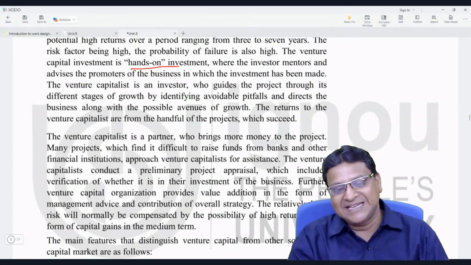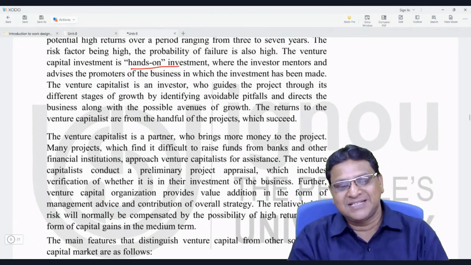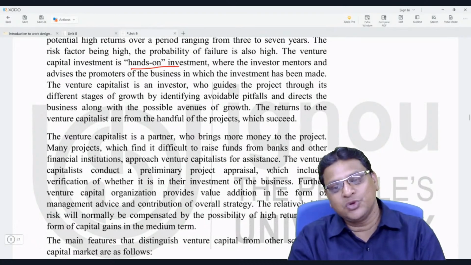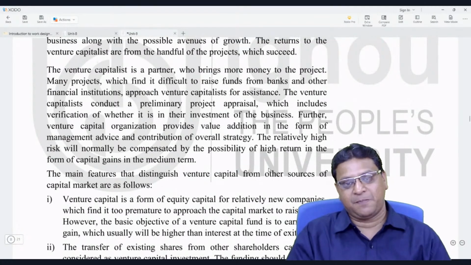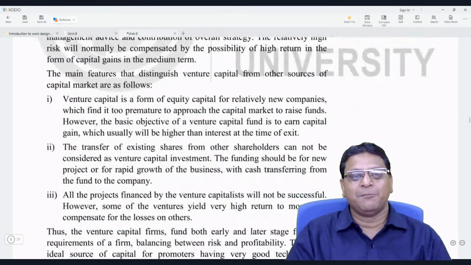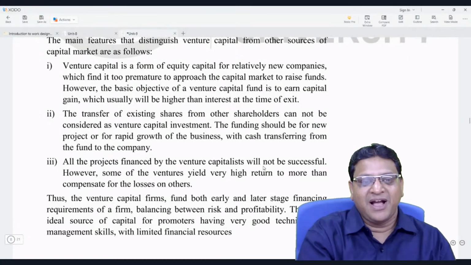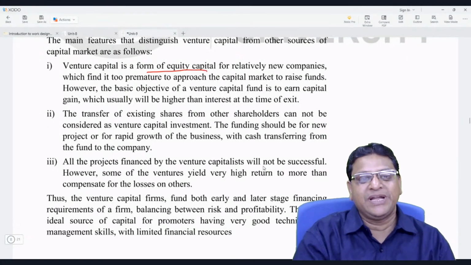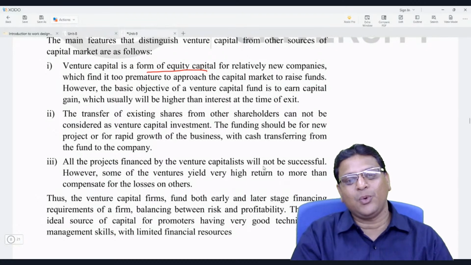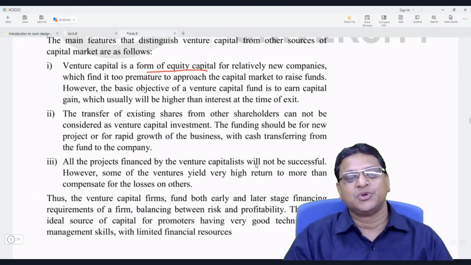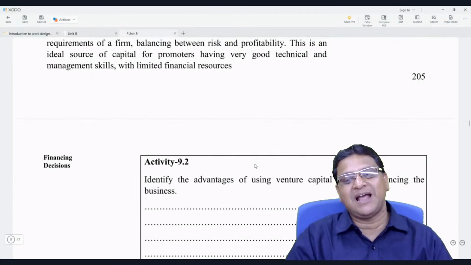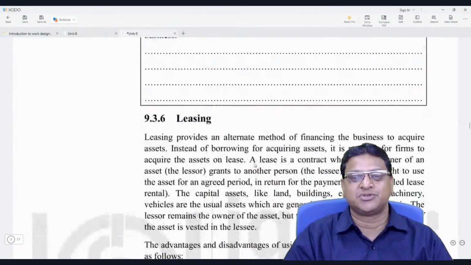Those businesses where risk is high, and no other financing institutions are eager to finance, will be financed by venture capitalists. Generally the venture capitalist finances in form of equity capital. They not only invest funds in the business, they also provide advisory services. They provide advice on how the business will be formed.